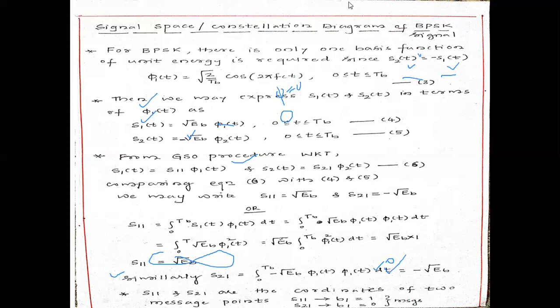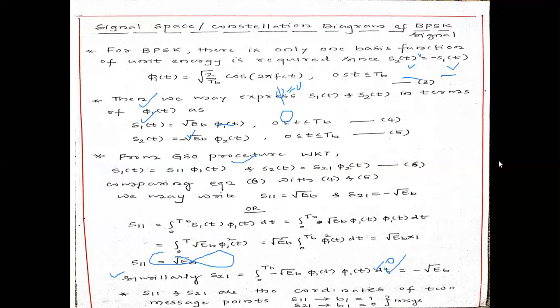And for a BPSK signal, there is only one basis function of unit energy. That is, this basis function has unit energy. Since S2 of t is equal to minus S1 of t, then we may express S1 of t and S2 of t in terms of phi 1 of t, right?